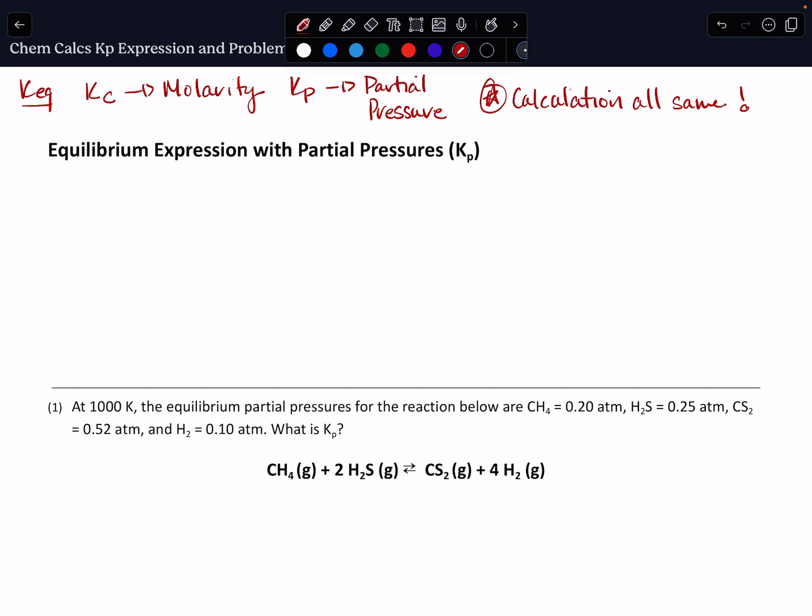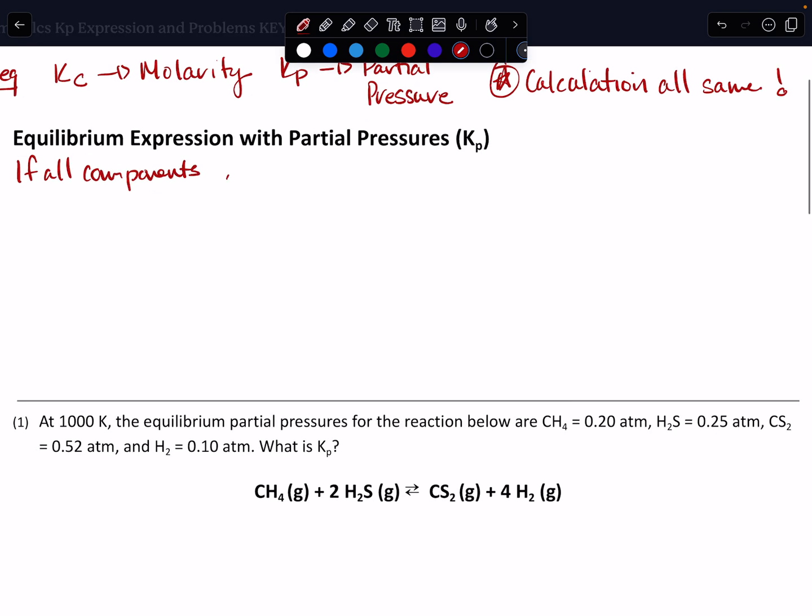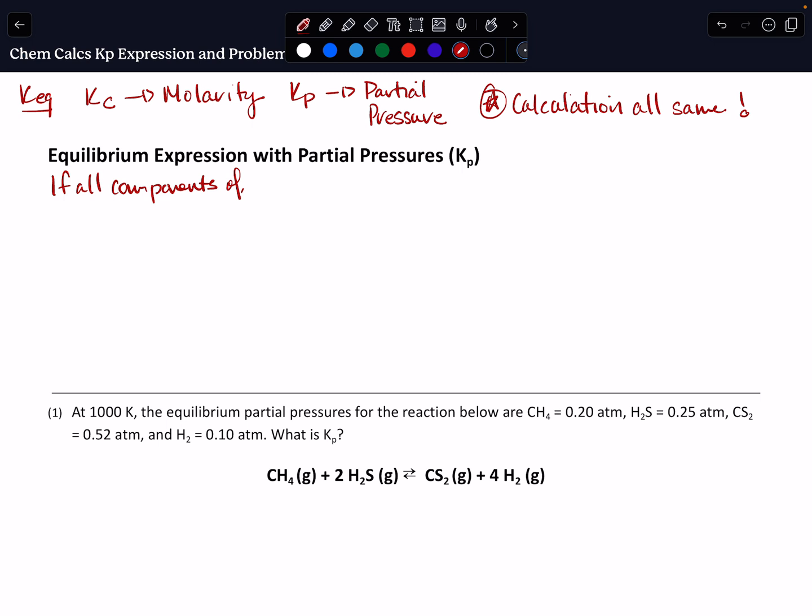All right. So if all components of a reaction are gases, then you can call KEQ KP.